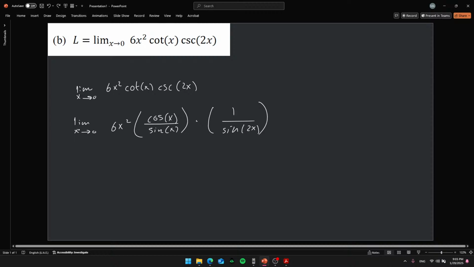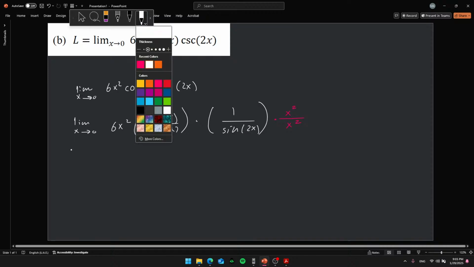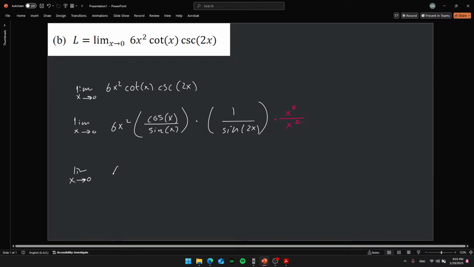So let's see. If I multiply the top and bottom by x squared, I should get limit as x approaches 0 of 6x squared, x cosine x over sine x times x over sine 2x, right?